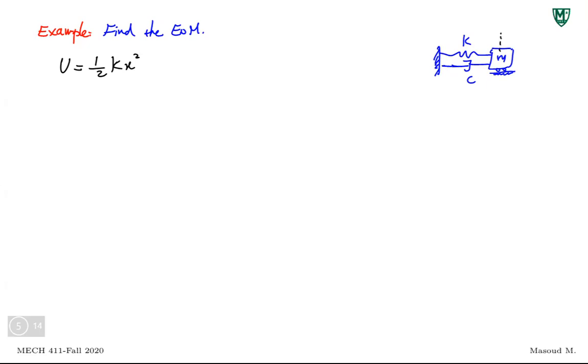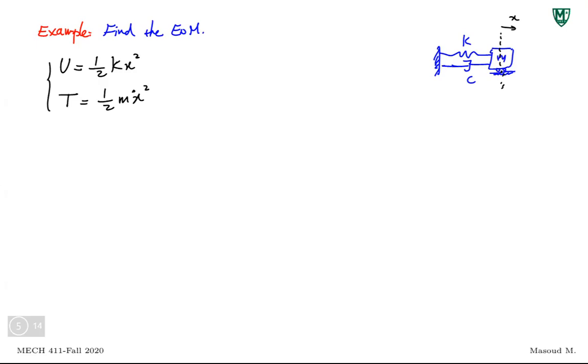We are taking x from the equilibrium point, either this way or the other, it doesn't matter. Kinetic energy is 1/2 m x dot squared, because we only have translational mass. That's pretty much it. Now we have a damper here.